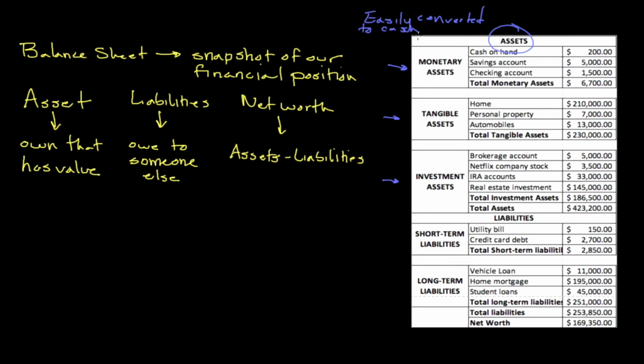And so when you look at the things that are under monetary assets, you see cash that we have on hand, which of course is cash in itself, so there is no conversion necessary. We can spend it freely without having to do anything. We have money in our savings account, and that represents money that we have on hold that we can access fairly easily as well, and then money in our checking account. These all comprise monetary assets.